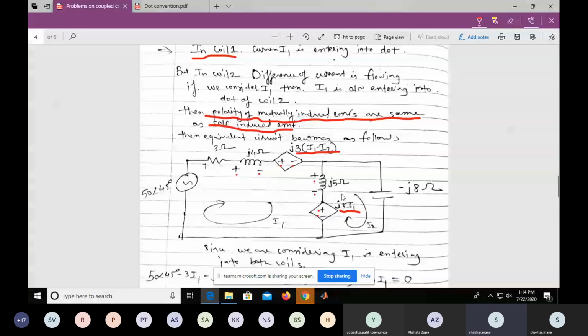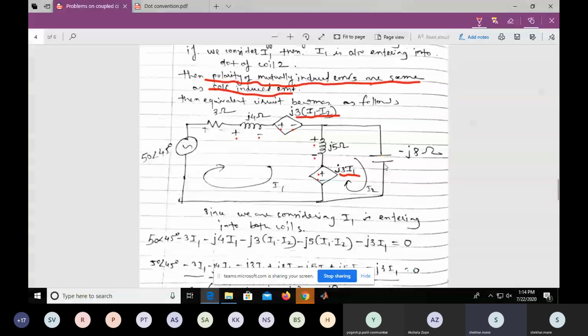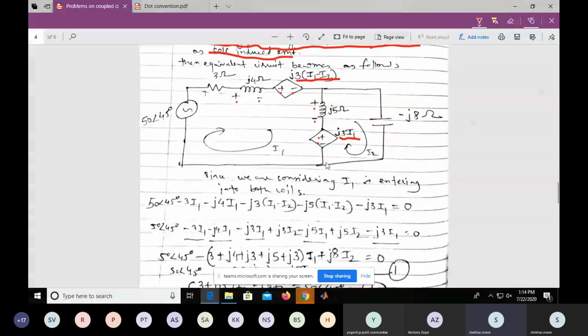So in this way, the polarities of the mutually induced EMF depend on the assumption that we have made. We have considered current I1, that's why we have written 3 (I1 minus I2) like this, with these polarities. Now you can apply KVL in mesh 1 and KVL in mesh 2. While applying KVL in mesh 2, you can give this polarity positive and negative.